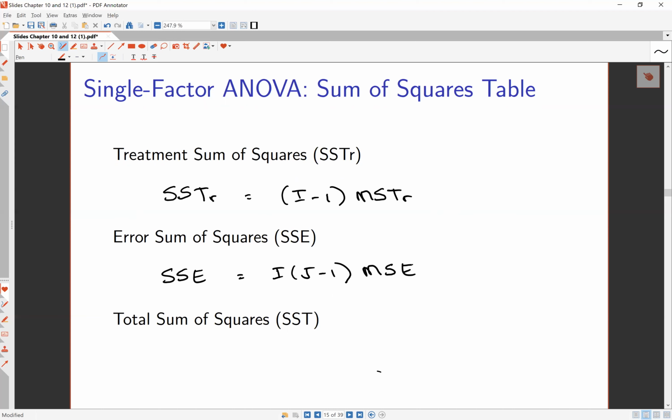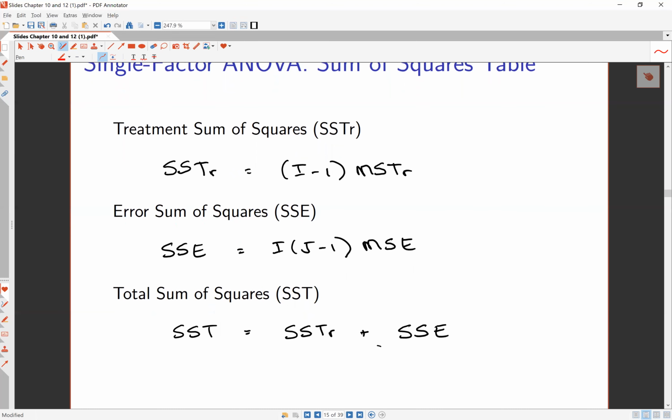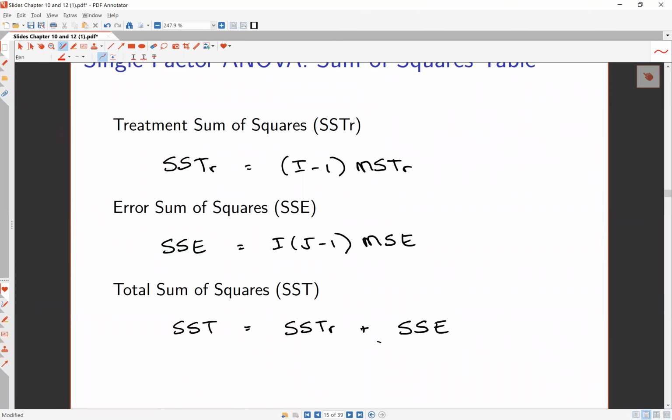And finally, we have a quantity called total sum of squares, and that is just the sum of the two individual sum of squares quantities. So sum of squares for the treatment plus sum of squares error give us total sum of squares. The reason for calculating this quantity is its value in interpretation.